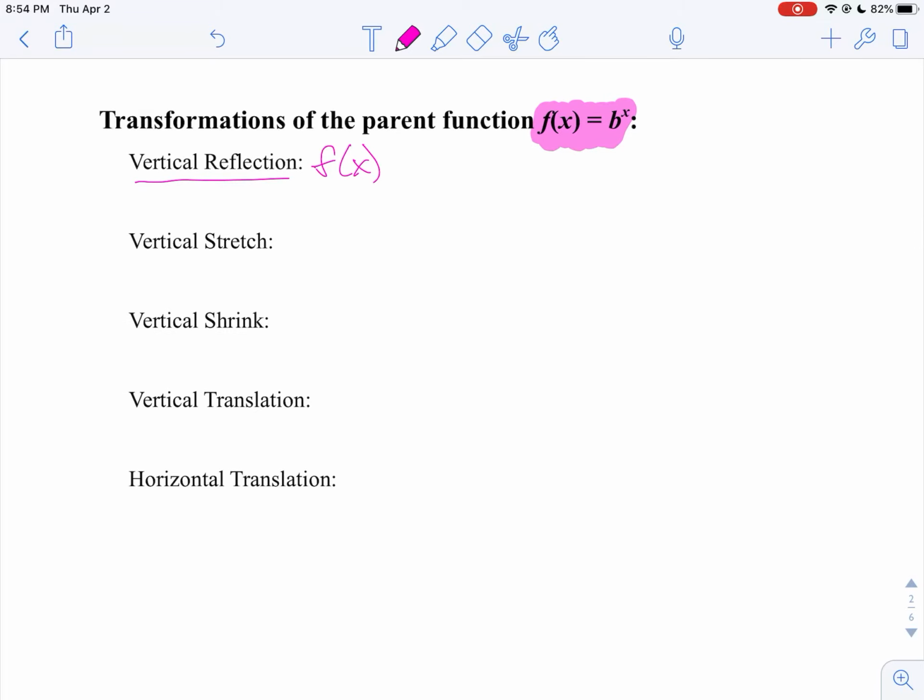Hopefully you said if we put a negative sign in front of our function. So maybe we'll put that base in parentheses, that negative sign out in front would make a vertical reflection.